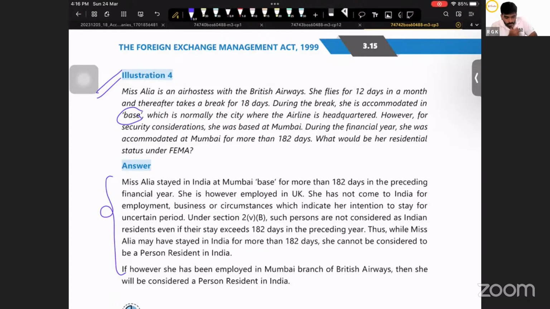Under section 2 clause 5 subclause B, such persons are not considered as Indian residents even if their stay exceeds 182 days in the preceding financial year. Thus, while Miss Alia may have stayed in India for more than 182 days, she cannot be considered to be a person resident in India.